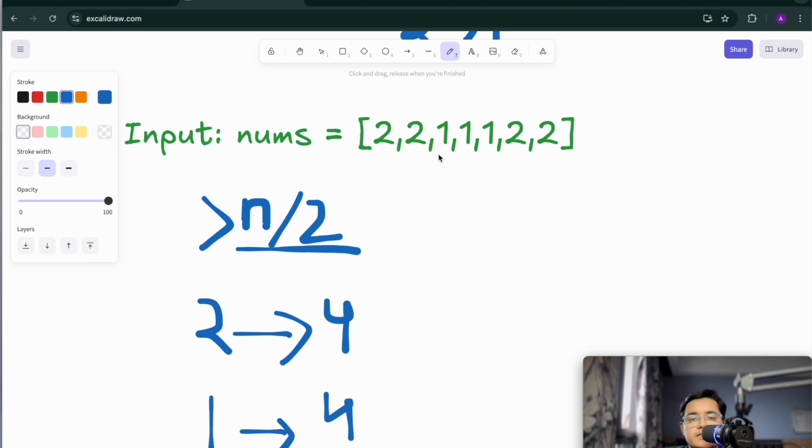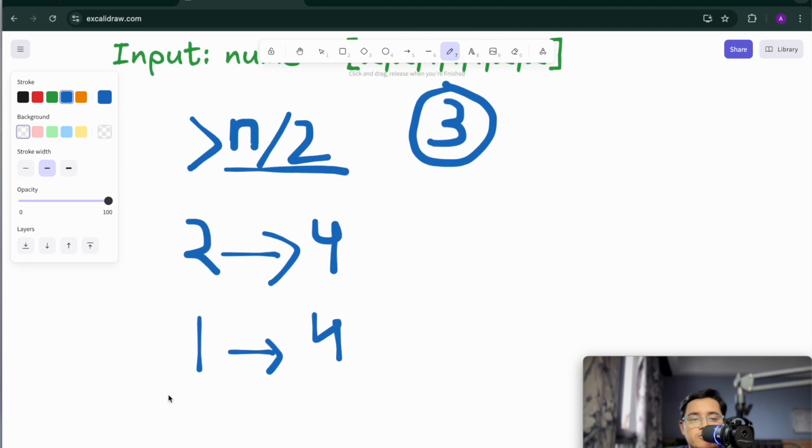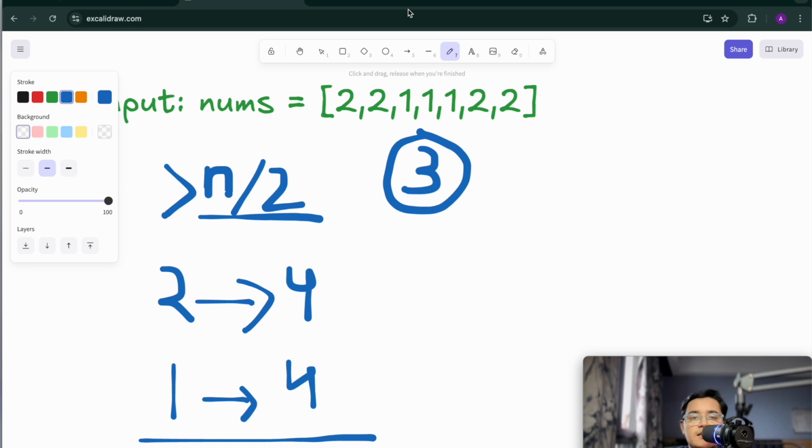In this case, n divided by 2 basically yields us 3, so we're looking at a value that is greater than n divided by 2. The total number of elements in our array would end up being 8, and that is not possible because we can clearly see that our input array was of size 7.